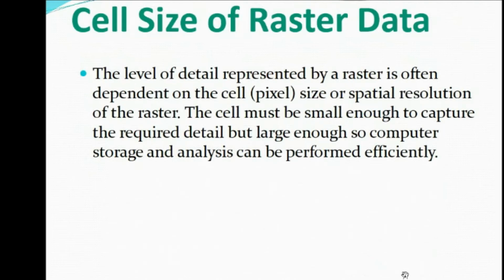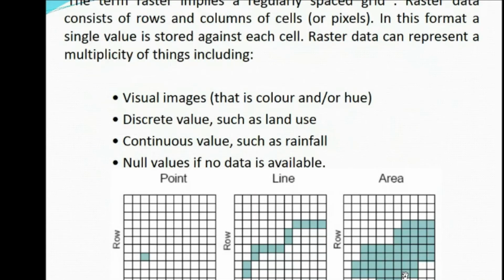And cell size in raster data is also very important. As we know, raster data has a group of cells, and each cell has a particular value if the data is present. If the data is not present, the cell value is null, or it does not have any value.